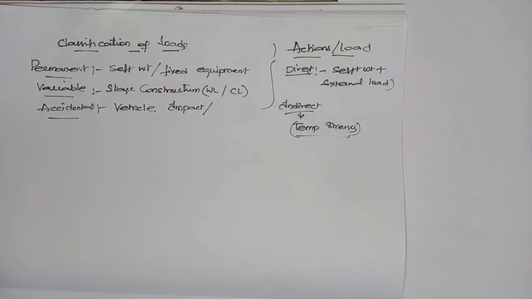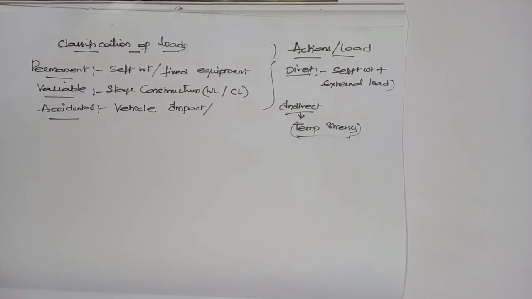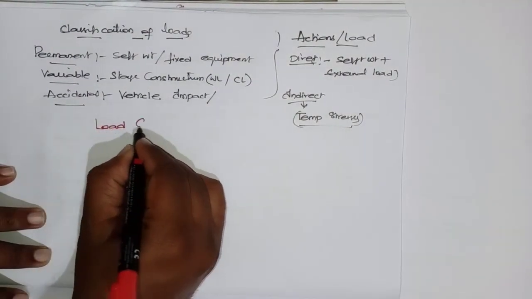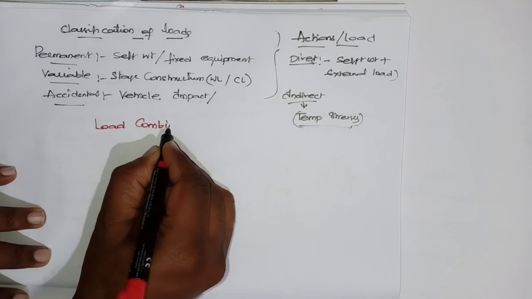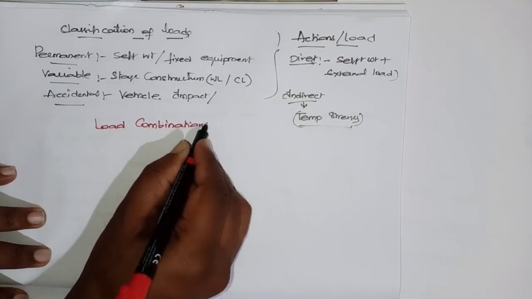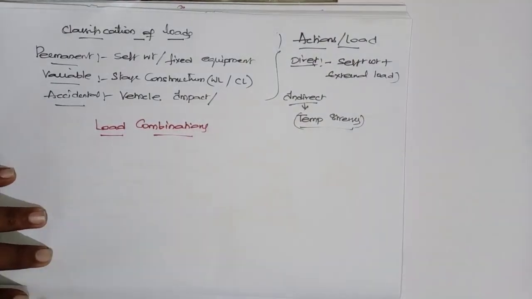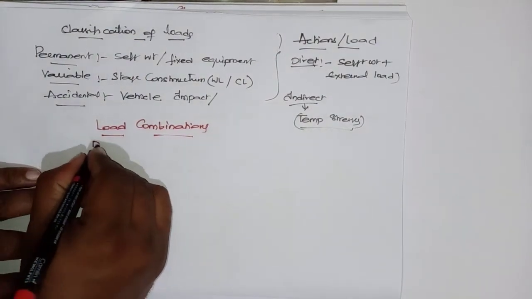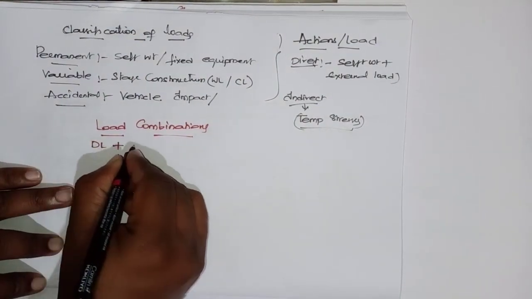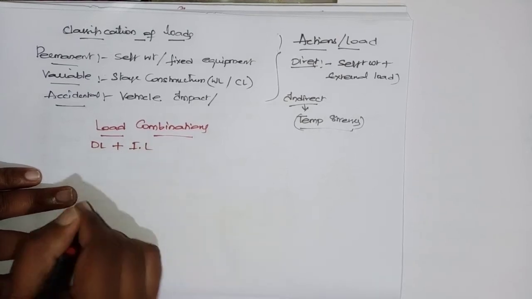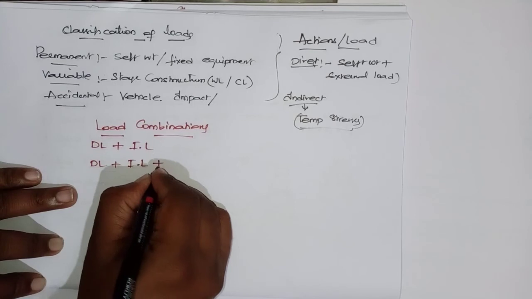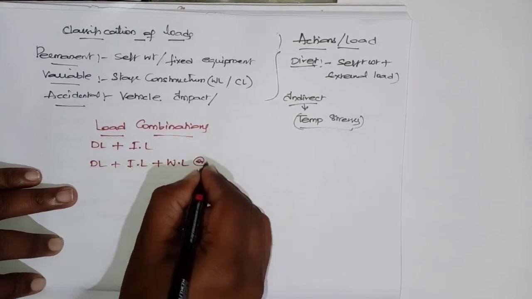Coming to the load combinations, how will the load combinations be used in the case of steel structures? The partial safety factors we'll see in the next chapter, that is the next topic. Here the combination will be dead load plus live load, that is imposed load, or dead load plus live load plus wind load or earthquake load.